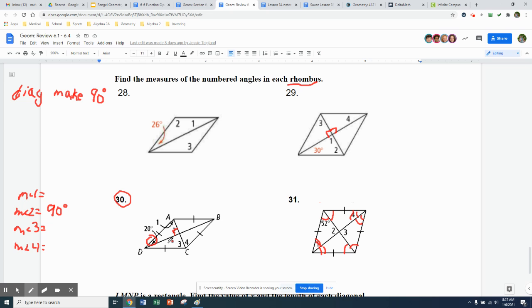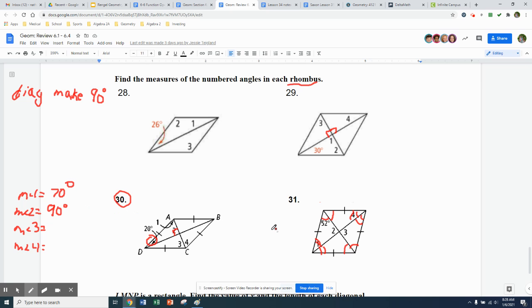I've so far got 110 degrees taken up in a triangle. I have to think how many degrees are in a triangle, because that's really the figure I'm working with, since those diagonals split it up into triangles. I've got 110 degrees taken up between 90 and this 20-degree angle. Well, how many are left to make 180 total degrees? 70. So that angle is going to be 70.